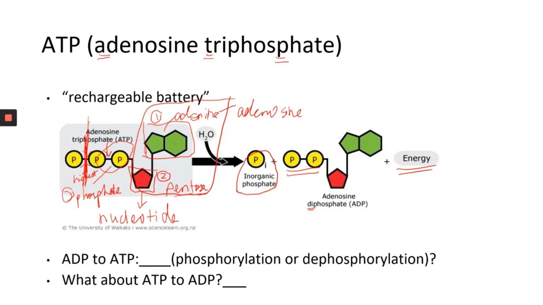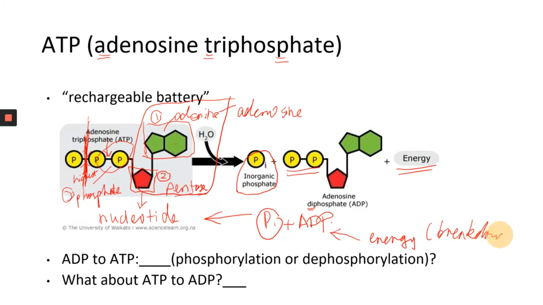Okay, now you can go the other direction, which means you have a phosphate group and you have ADP, right? And if you can provide energy, so for example, maybe you break down glucose. Remember, when you break down the chemical bonds in glucose, energy is released, right?